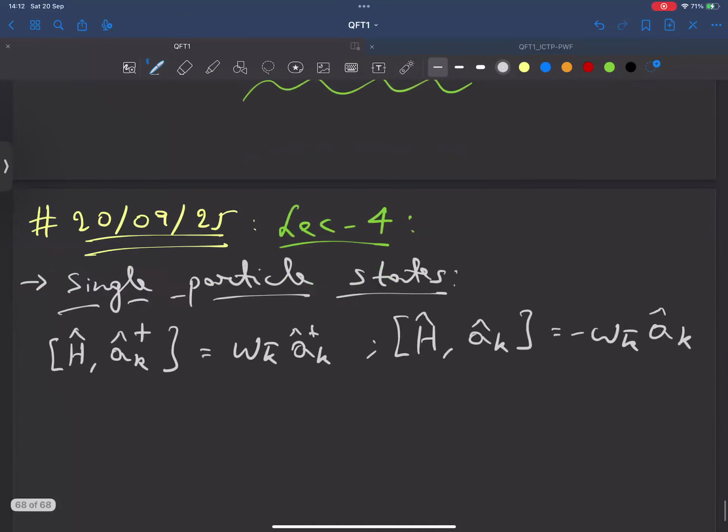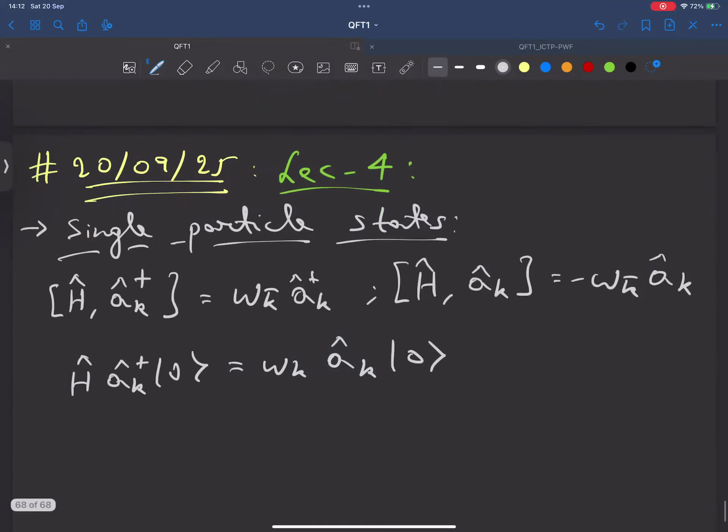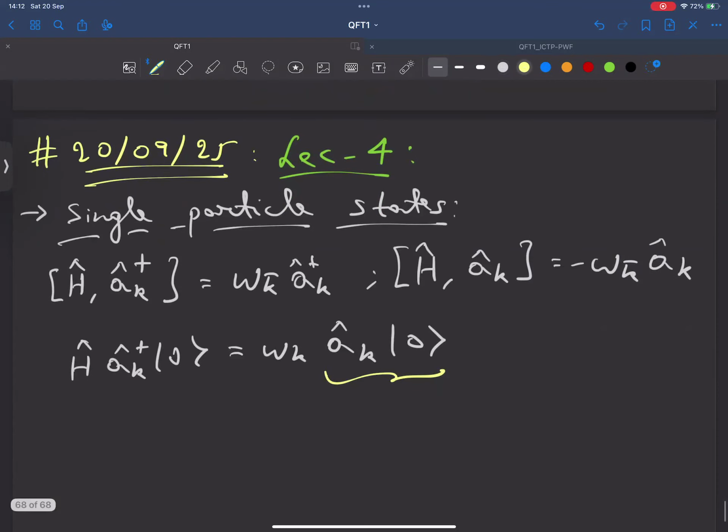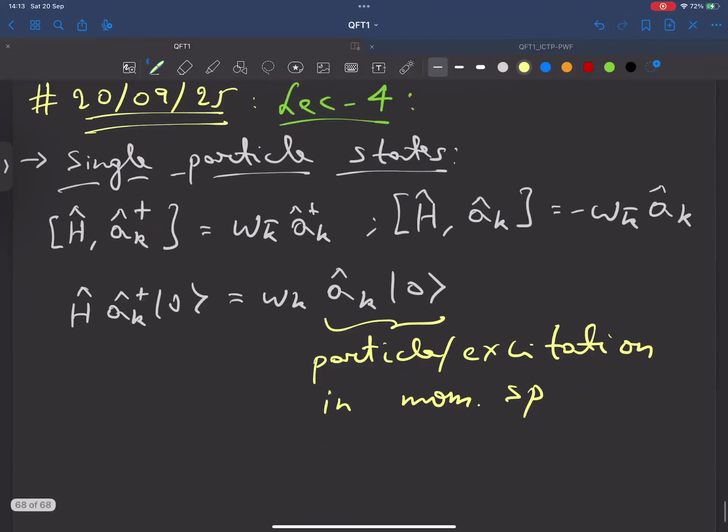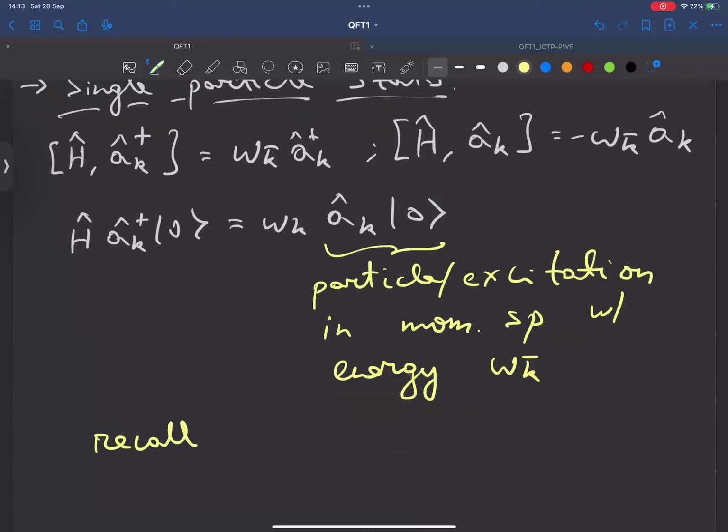So this means that the state a_k dagger actually creates a particle, or an excitation, in momentum space with energy omega_k, where recall this omega_k was written as the square root of k squared plus m squared.